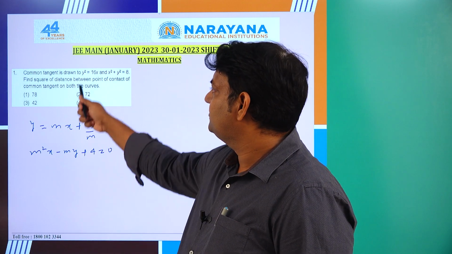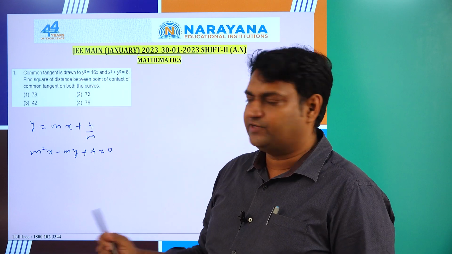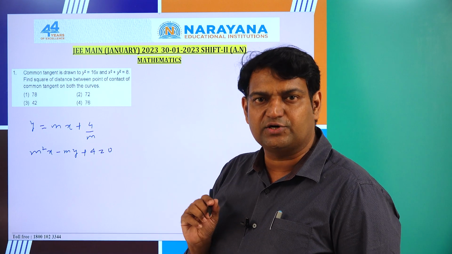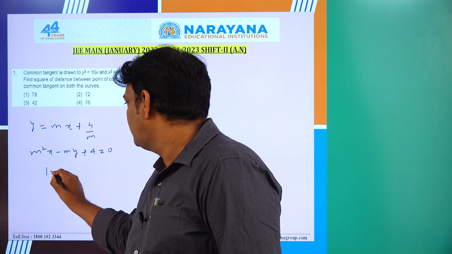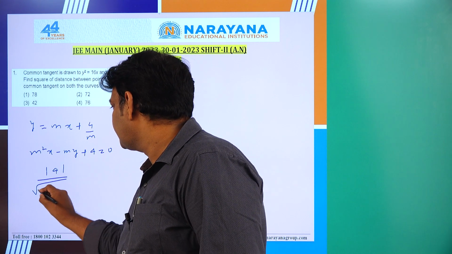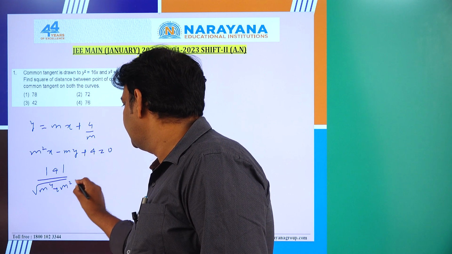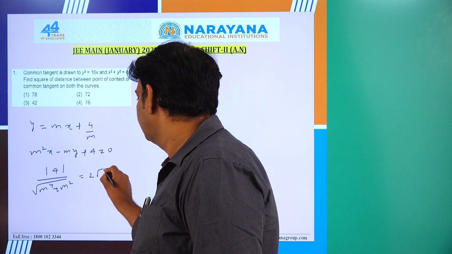Now this is the tangent to the parabola, but he said the common tangent, which means this is also the tangent to the circle. For a line to be a tangent to the circle, the perpendicular distance from the center should be equal to the radius. From the center, what is the perpendicular distance? Mod 4 by root over of m power 4 plus m square should be equal to the radius, that is how much? 2 root 2.